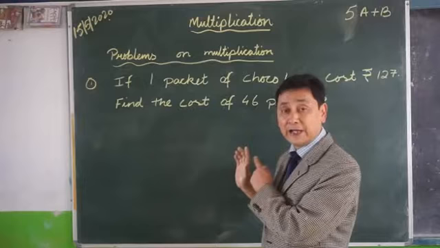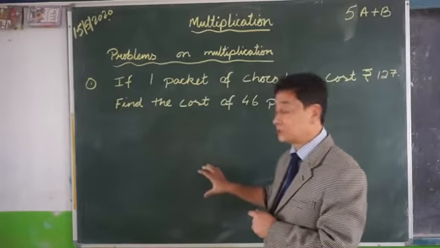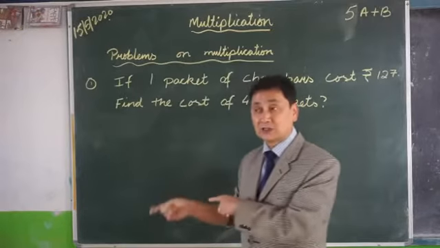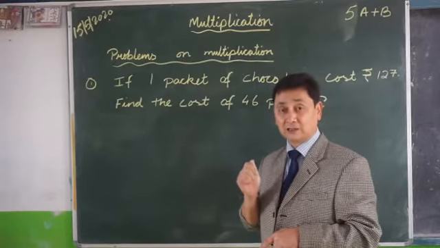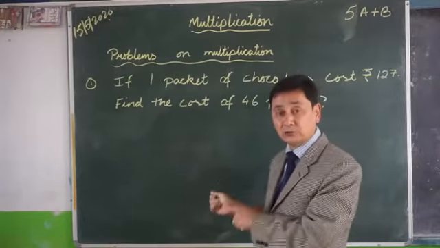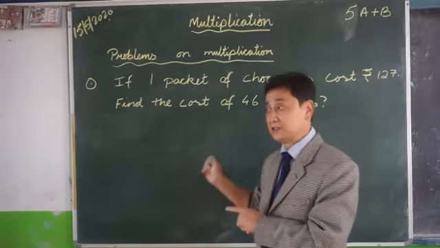Do that in your exercise book with the statements. Some of you are just writing the answer. You must write the statements, not in the self-assessment test. There you only have to write the answer, the number. But before you write it there, do it in your exercise book with the statements.